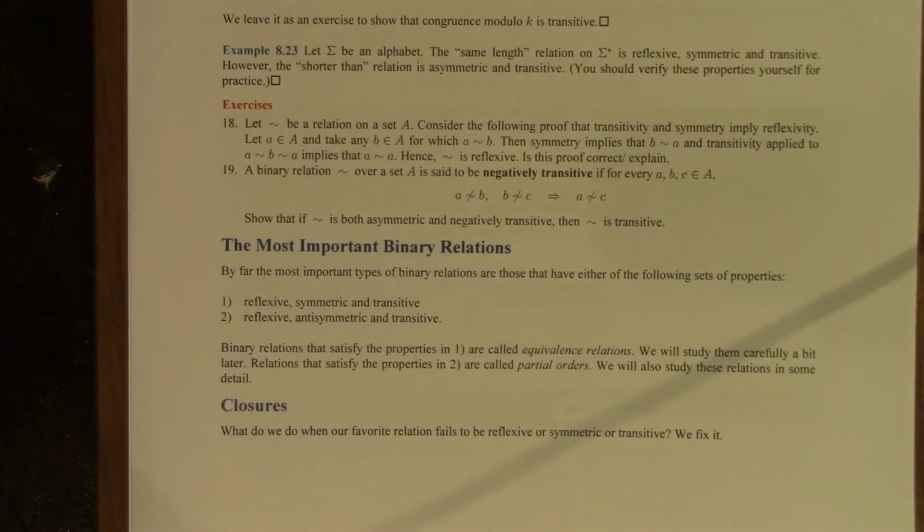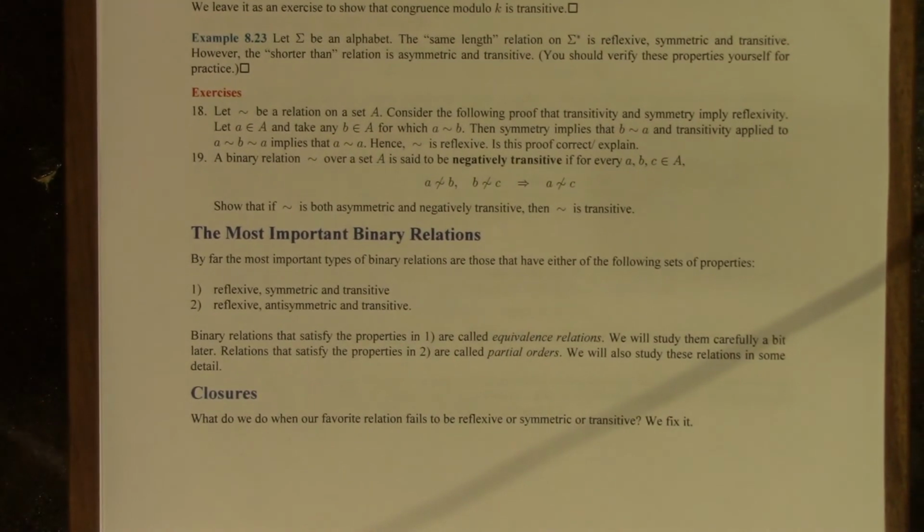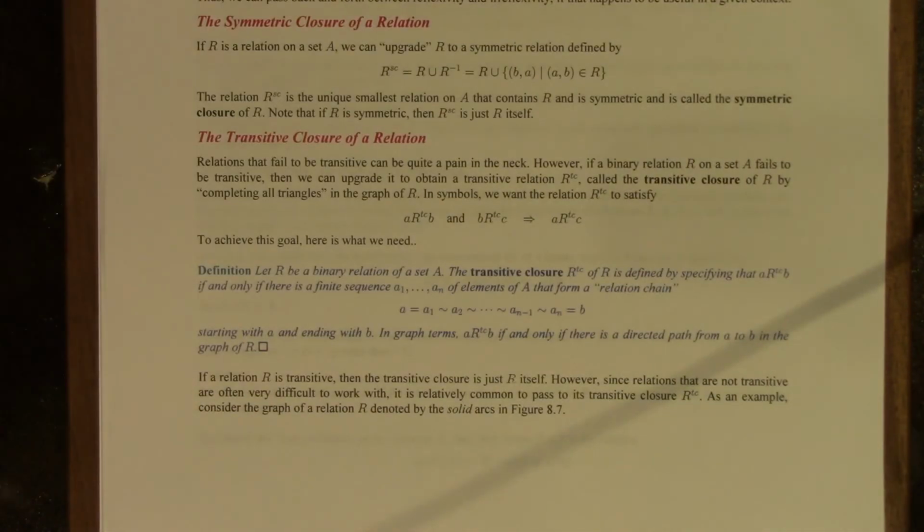I want to talk about something now that you might not actually encounter in other courses at this level that discuss binary relations, which they all should do, and that is the idea of closure. So we'll do this briefly.